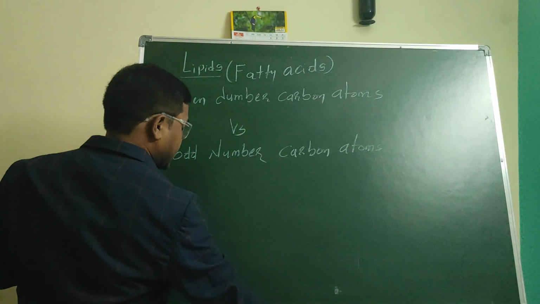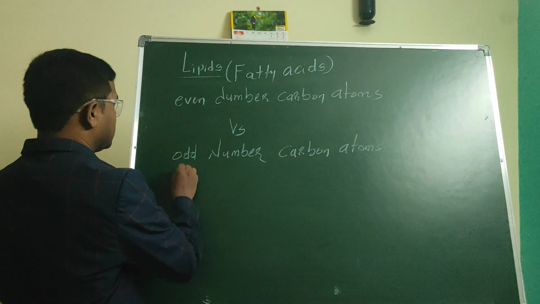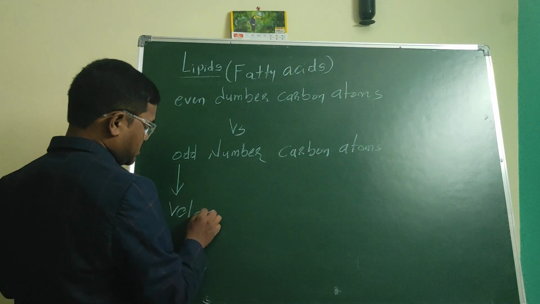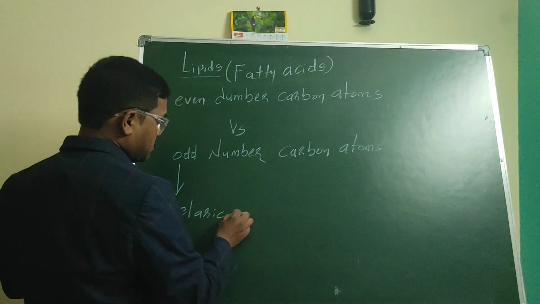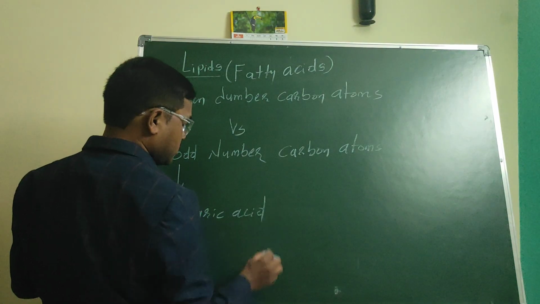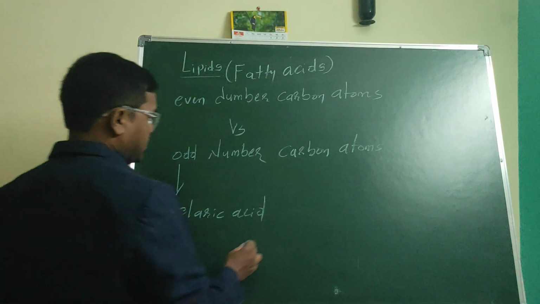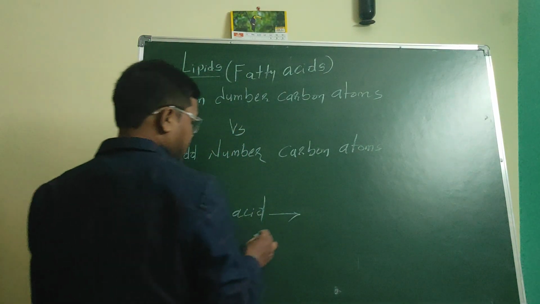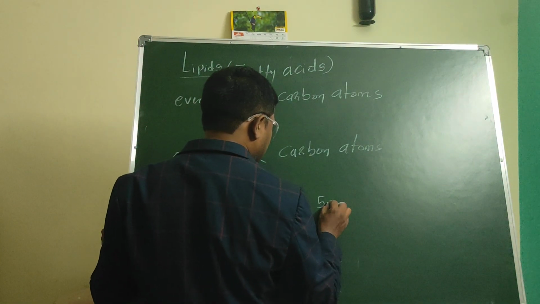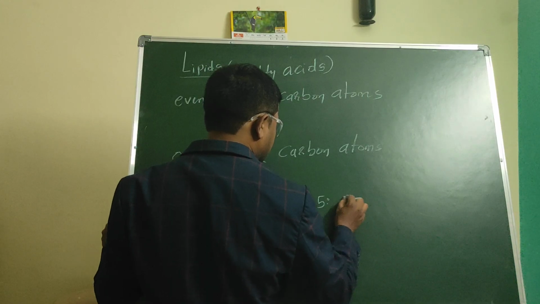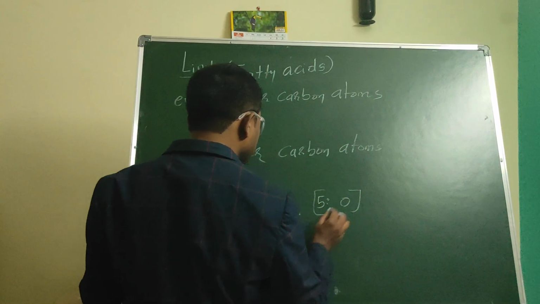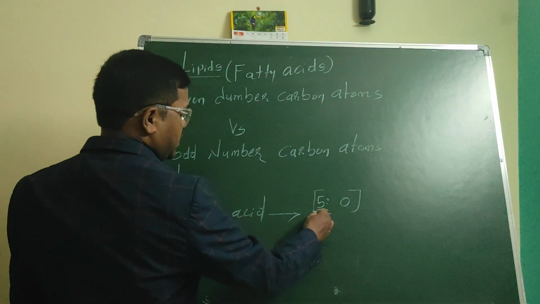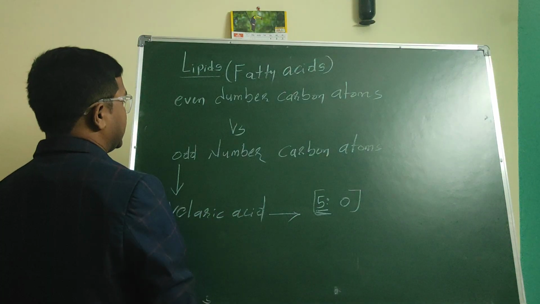Examples: valeric acid, it is a saturated fatty acid. It has 5 carbon atoms and 0 double bonds. 5 is an odd number of carbon atoms.